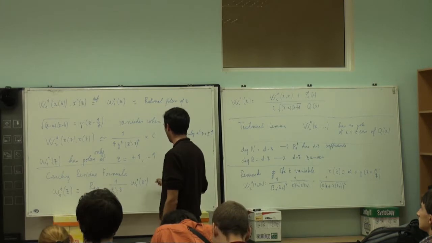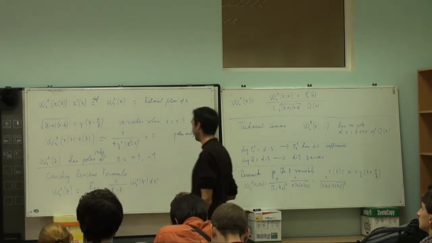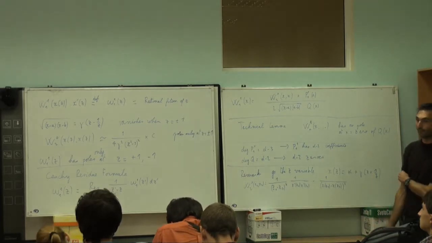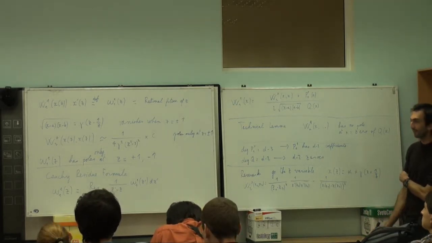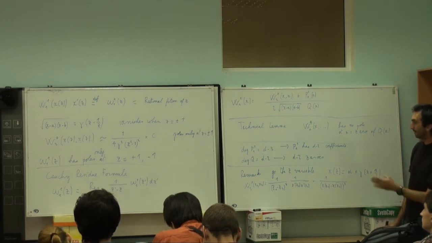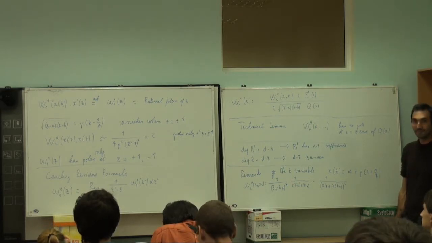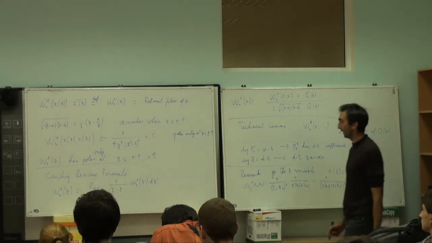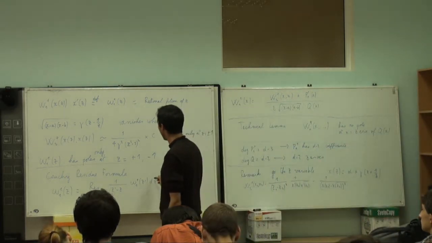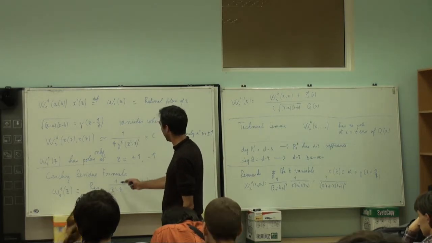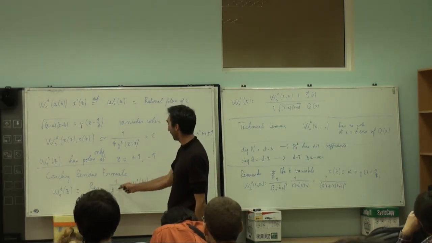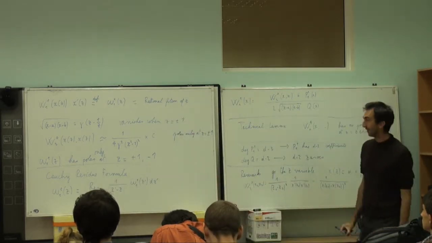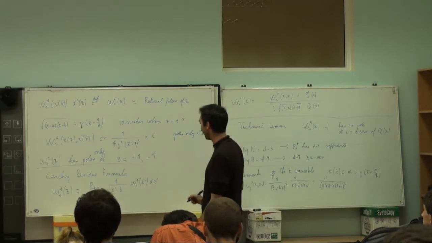As I said, you should always view a residue as an integral, so never forget the integration variable, because you might have to do changes of variables. It's just saying that taking the residue at the pole z prime equals z just picks the value at z prime equals z. So this is kind of obvious.